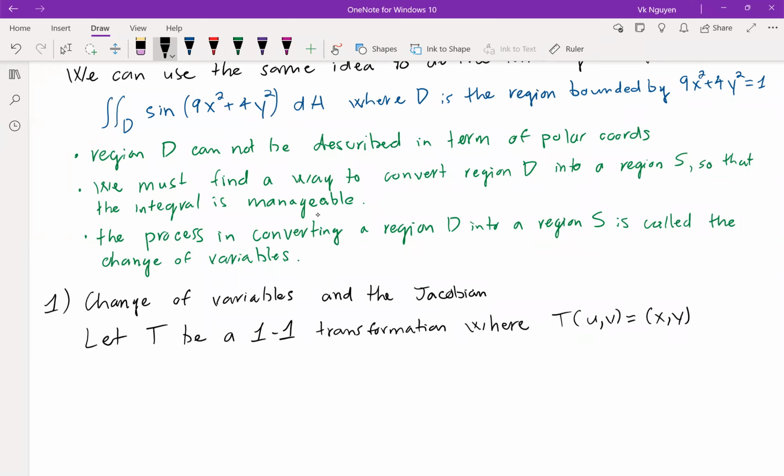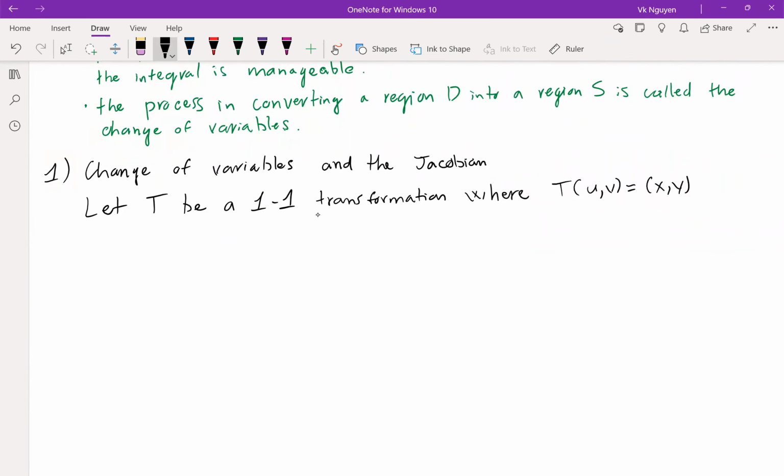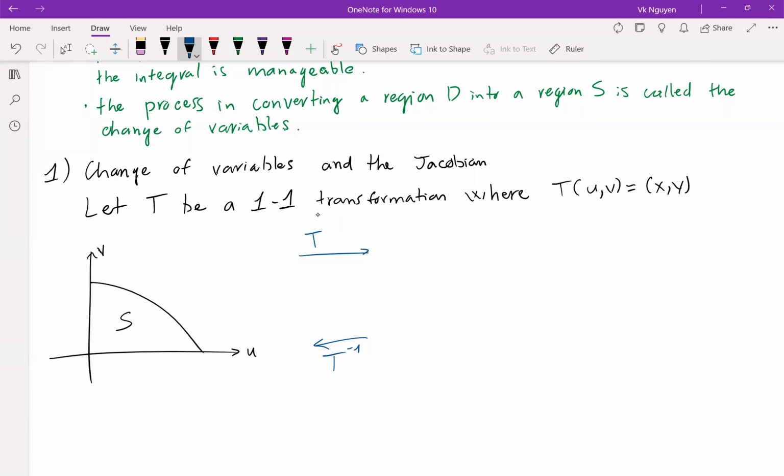From here, we see that this becomes (u,v). Something right here is the region S. T is one-to-one, so you can go both ways. T goes this way; you go the other way, it's going to be T inverse.